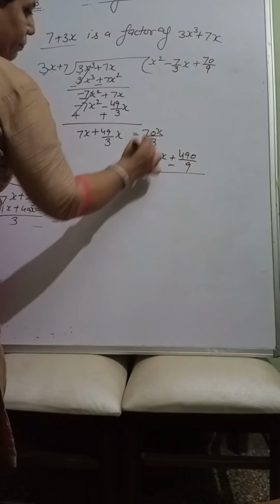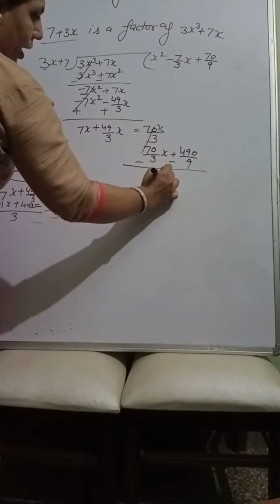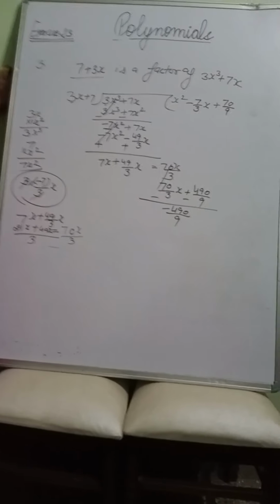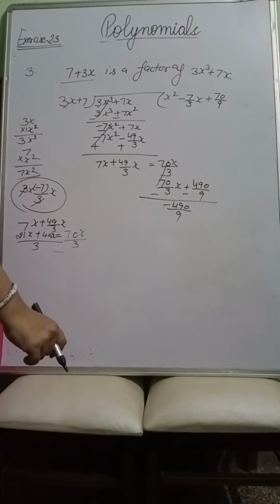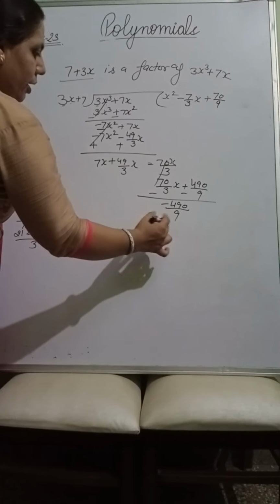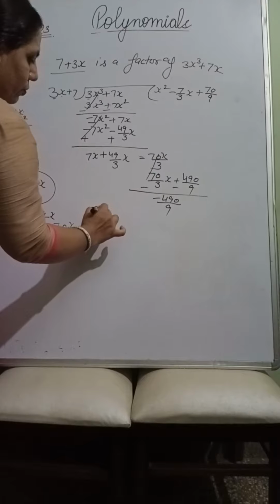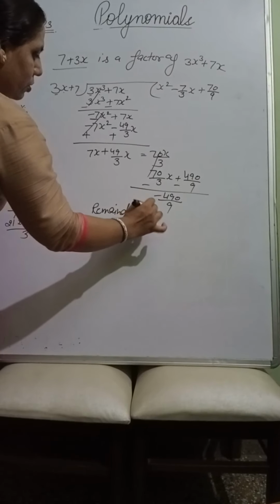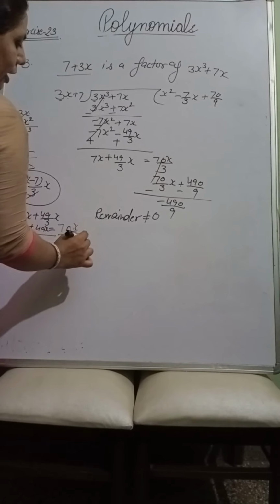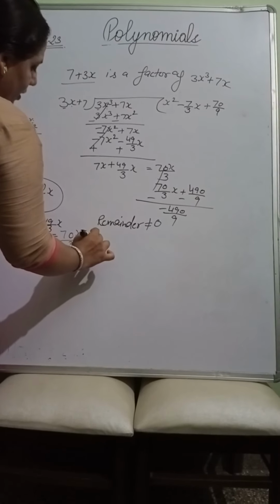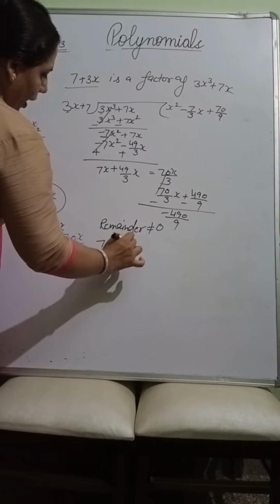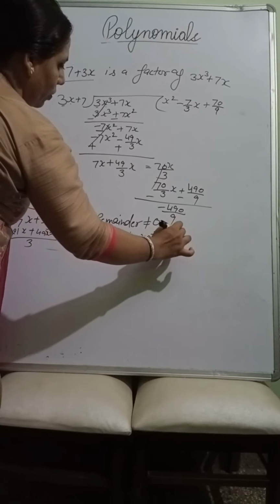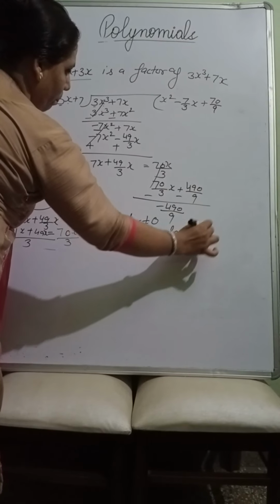Now change the symbols, it will be cancelled and it will come as remainder. From here you can see, students, that this is not equal to 0, meaning the remainder is not equal to 0. So you will say 7 plus 3x is not a factor of px.